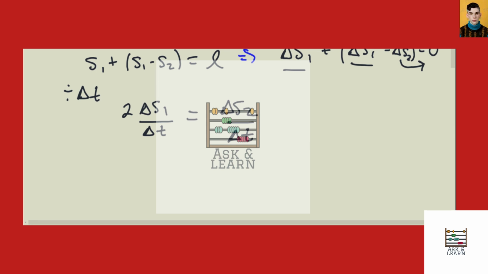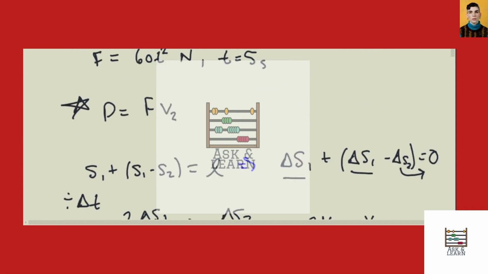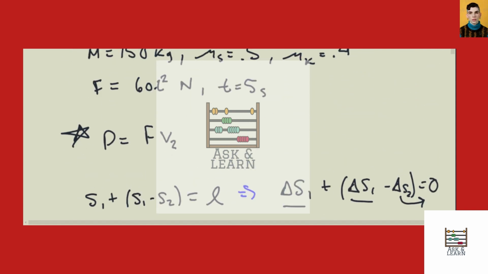And these are actually velocities. So this becomes 2 v1, velocity 1, is equal to v2. So if we can find the initial velocity as soon as the block begins to move, then we can find the final velocity. And since we have force, then we can easily find the power.